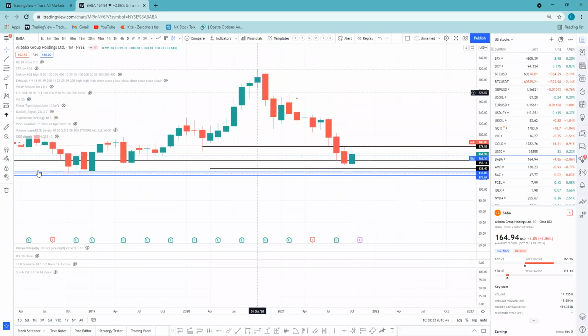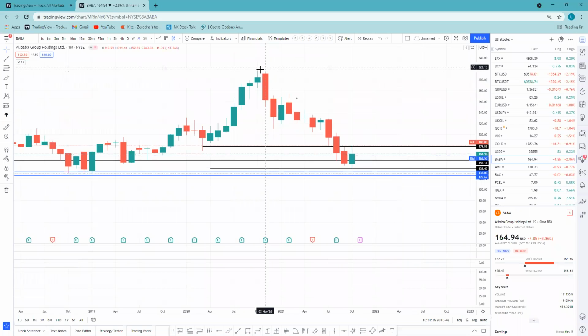If you see here, when Baba was around probably here, you can clearly see it is coming down.